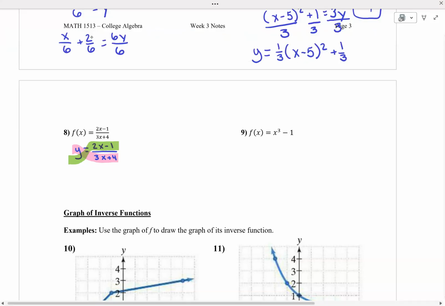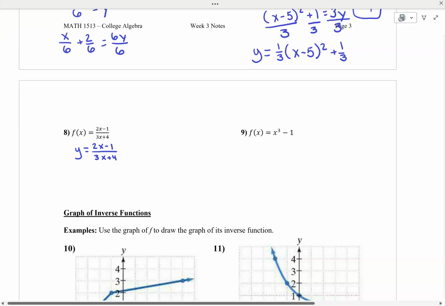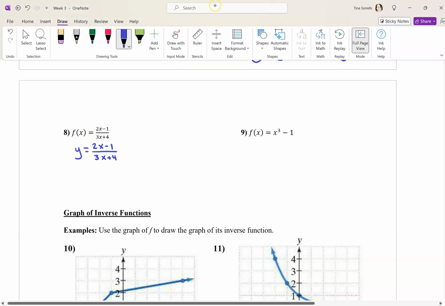oh, hold on a second. I got ahead of myself. Hopefully some of you guys were supposed to say, hey, Miss S, you're about to mess up. Hopefully you guys caught it. I only switched my f of x. I did not switch my x's and my y's. So I need this to say, hold on one second.